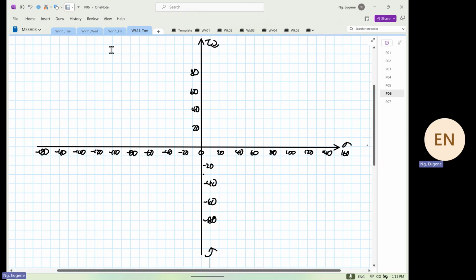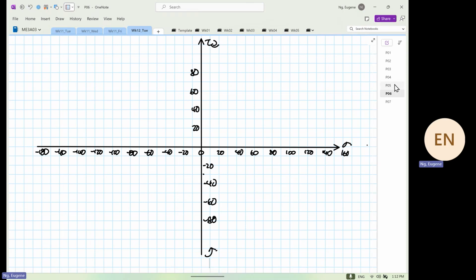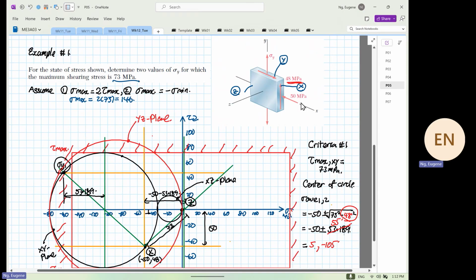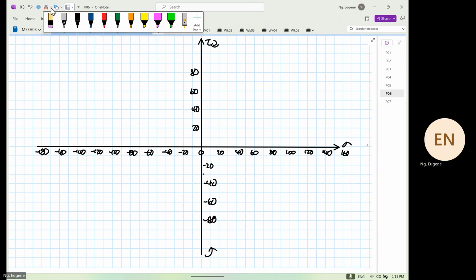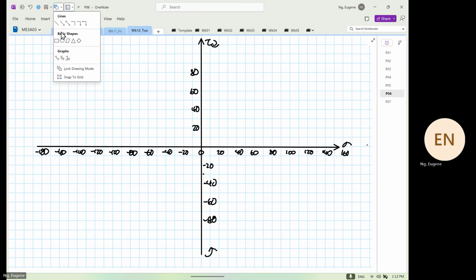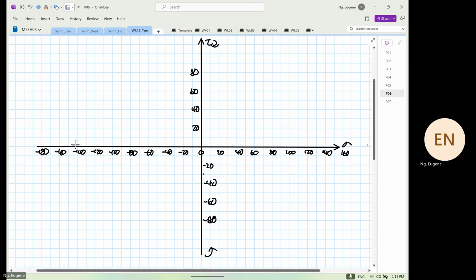And then our limits is what? So if we go back, I can't remember. Our limits is 146 and 73. Okay, so I'm going to draw our limits. 146, and 73.